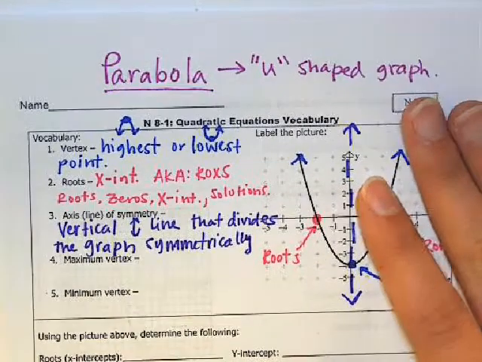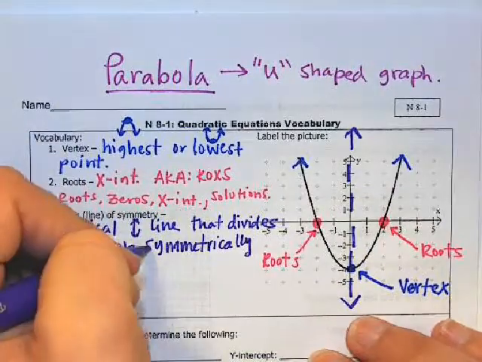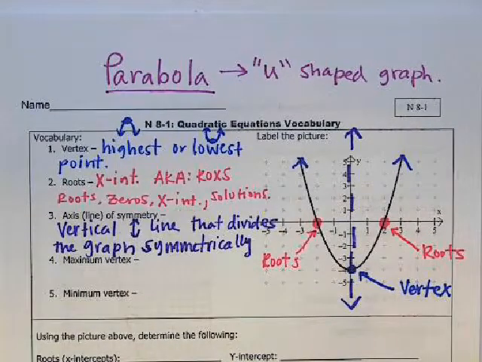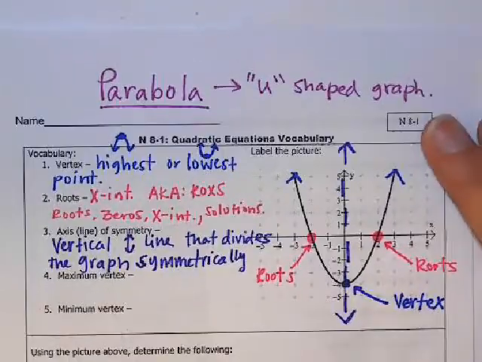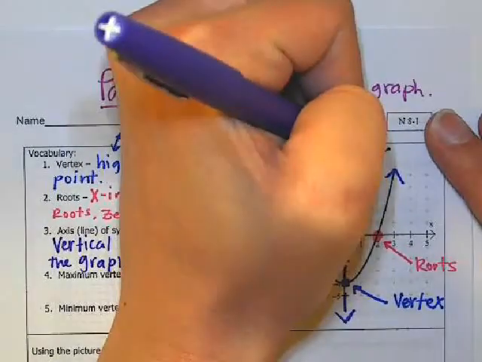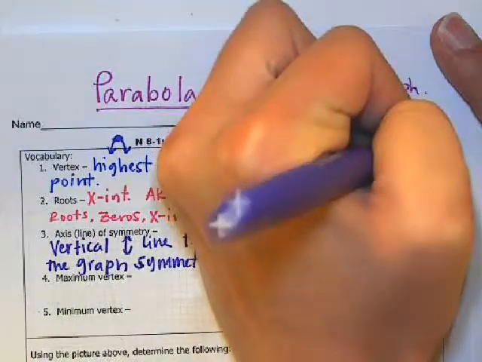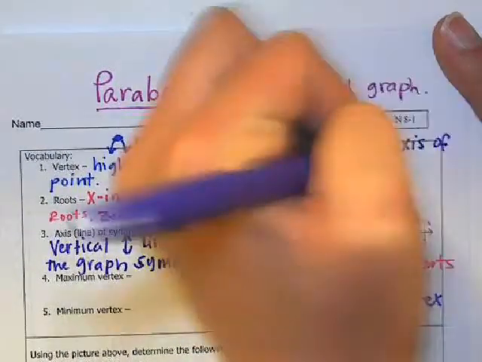Okay, that's an S. All right, so it's a vertical line that divides the graph symmetrically. It's the exact same thing on both sides. It's symmetrical. So draw an arrow to your dashed line, and we're going to label it axis of symmetry.